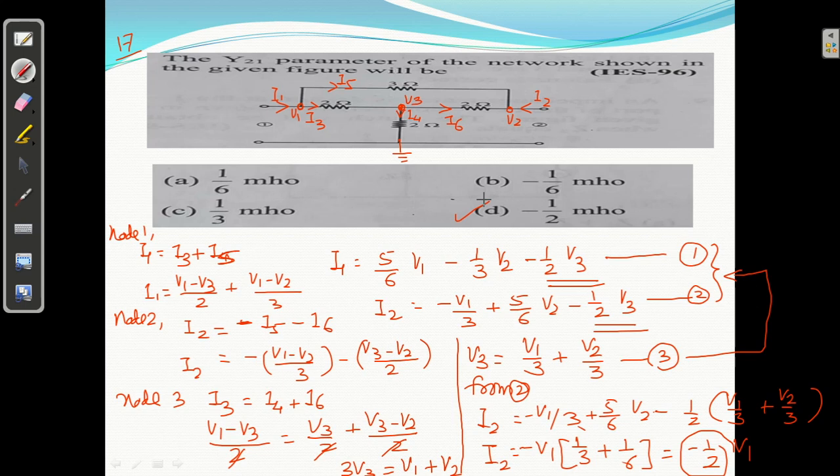In this way you can solve the problem. They asked this question in the IES exam in 96.